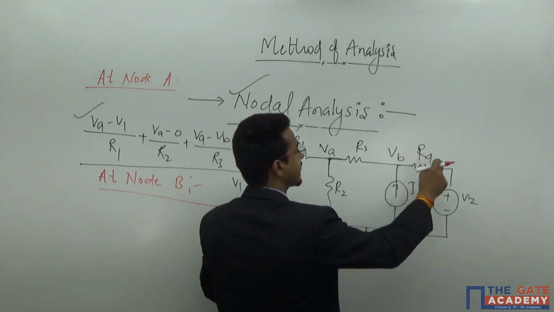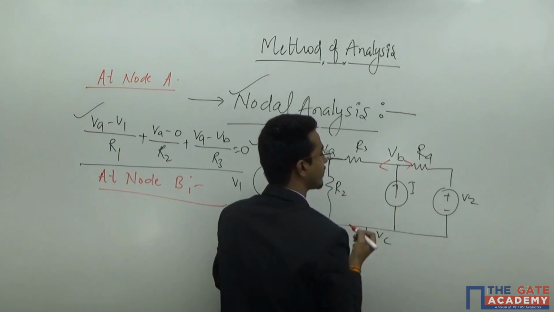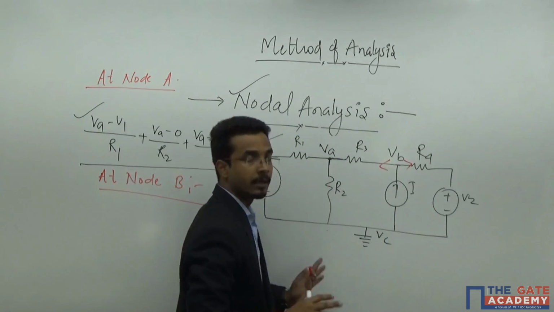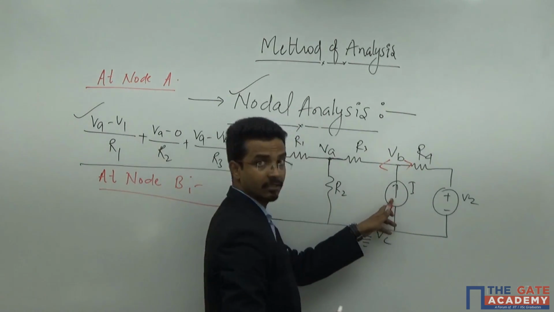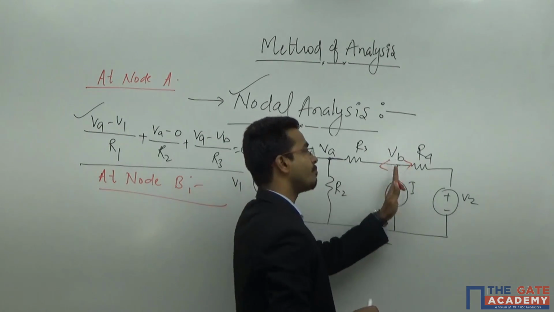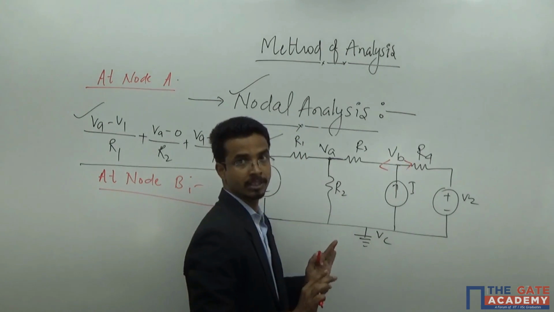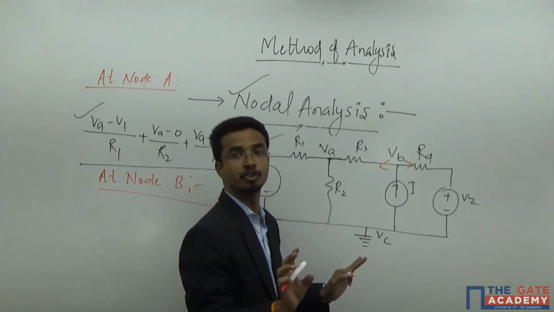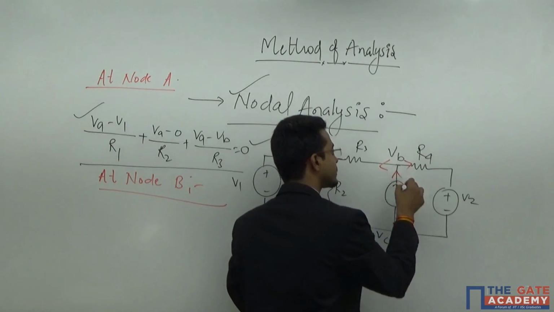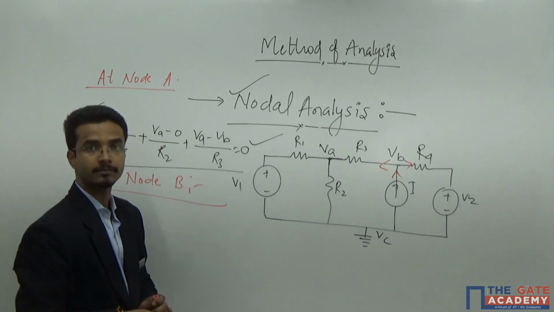That means where the current direction is not mentioned, I will always assume that the current is outgoing. But whenever I see a current source, it mentions the current automatically, so you do not have to assume anything. That means this is the incoming current toward the node.